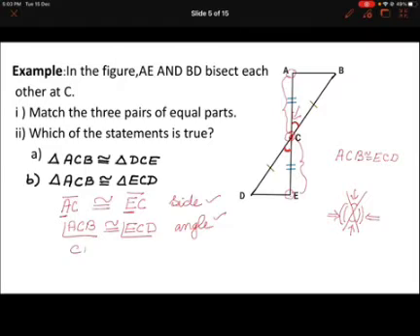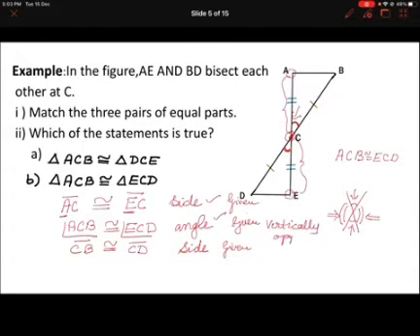So I'll write CB is congruent to CD. Okay, this again is side. So this is given to you. This is also given to you. This is also given. Of course, here we can write vertically opposite angles are equal.